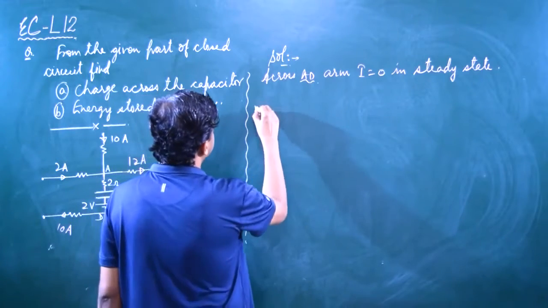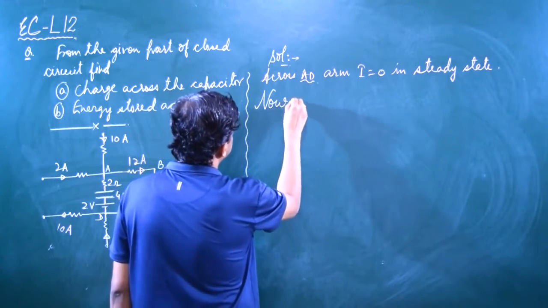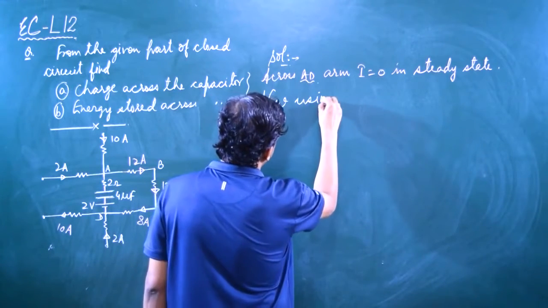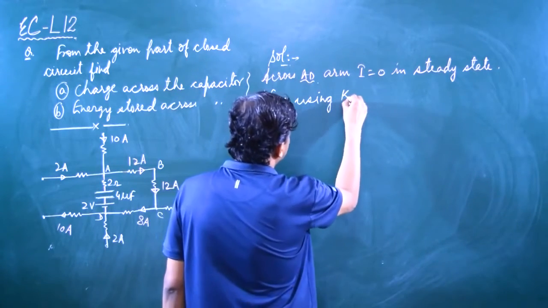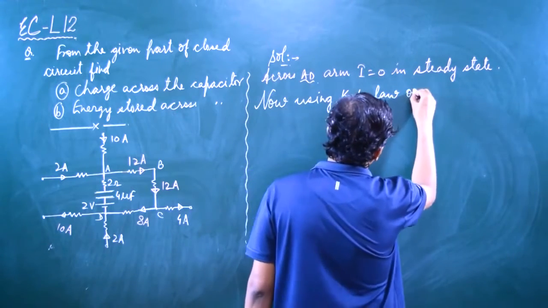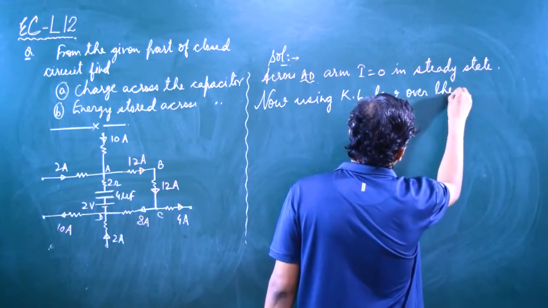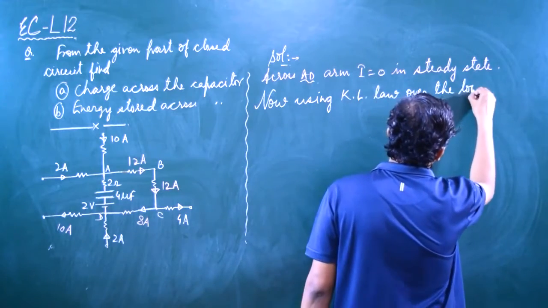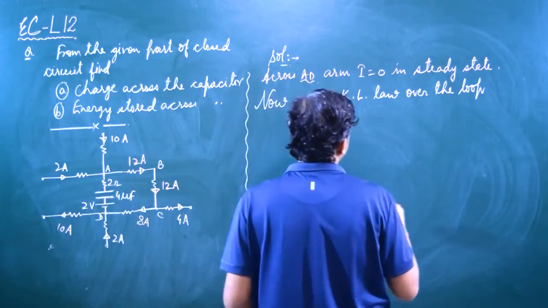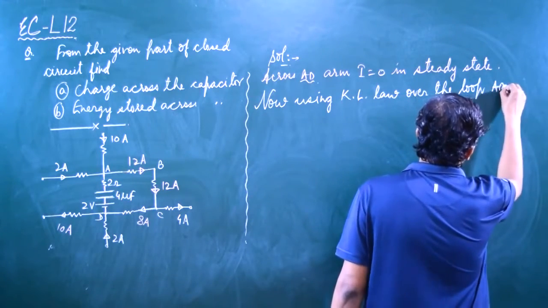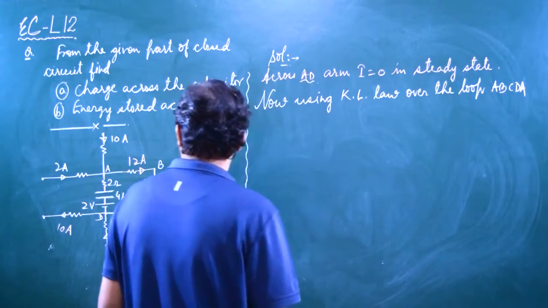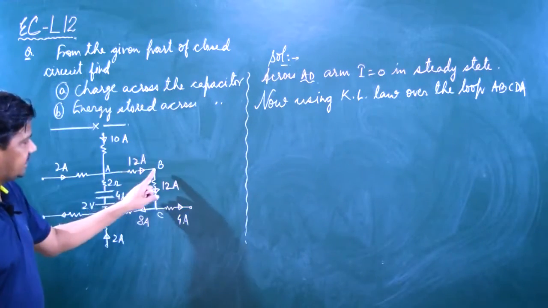So now using Kirchhoff's loop law over the loop, the loop is A, B, C, D, A. To start from A, see, current and loop are in the same direction.